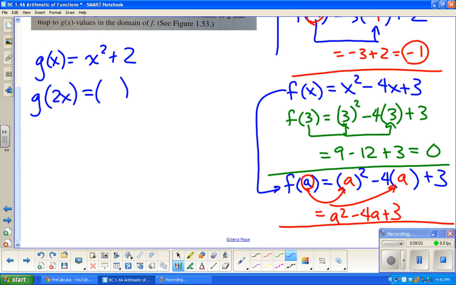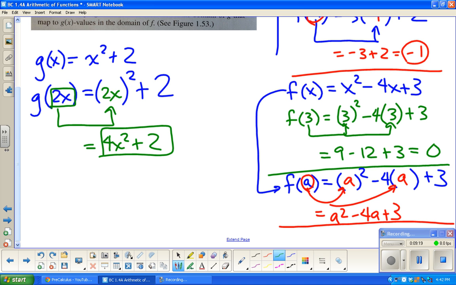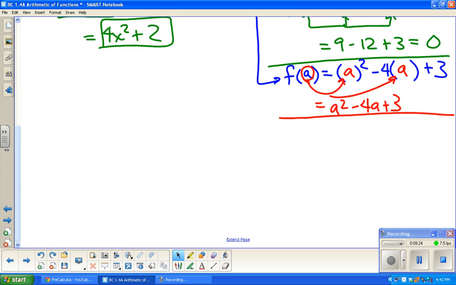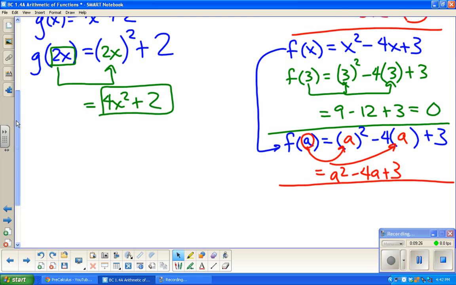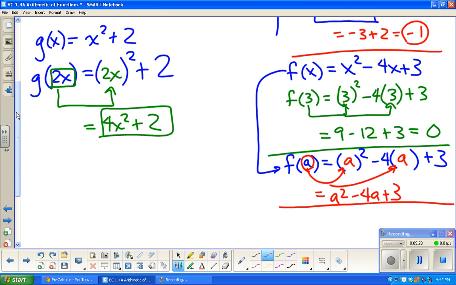Well, this means I'm going to follow this pattern for the function, and whatever is in here, you guessed it, goes right here. So now I'm going to say 2x times 2x is 4x squared plus 2. This shouldn't be anything earth-shatteringly new. This is really an Algebra 1, Algebra 2 concept.